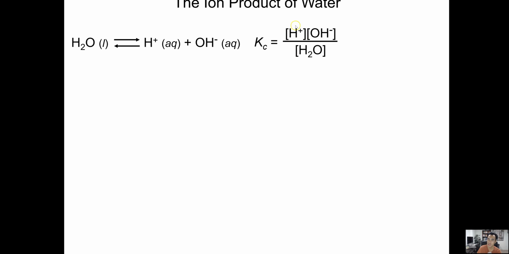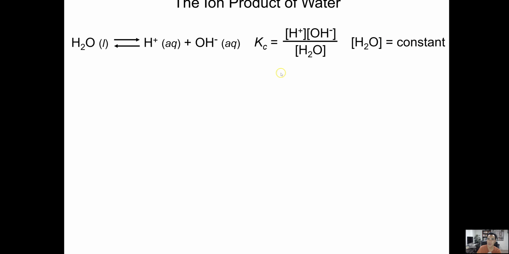So what you're going to do is multiply your hydronium concentration times your hydroxide concentration divided by the concentration of water, and that's going to tell you a Kc value. There are no units for this one because you're dealing with molarity. And K is like a reference point for looking at dissociation and ionization abilities, and the idea that you need to break down these molecules into different pieces.